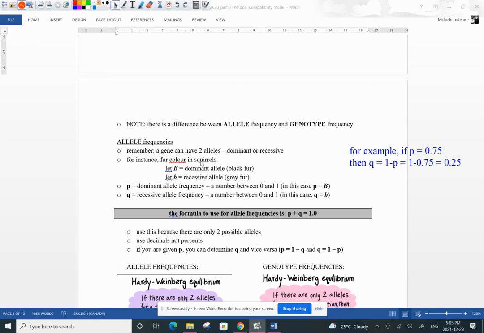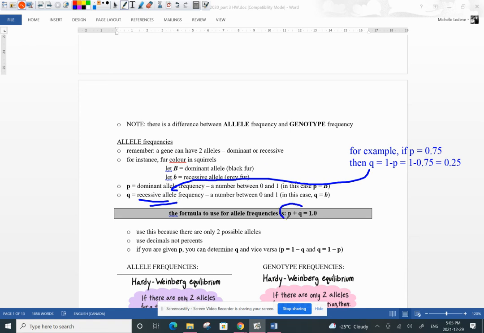So for example, if we have the dominant allele frequency in a population, all the black colored fur squirrels, if that P value is 0.75, then we can calculate this value Q, and that value Q is for all of the squirrels in the population that have that recessive allele. So this might be the homozygous recessive, but it could also be the heterozygous squirrels that have a recessive allele.